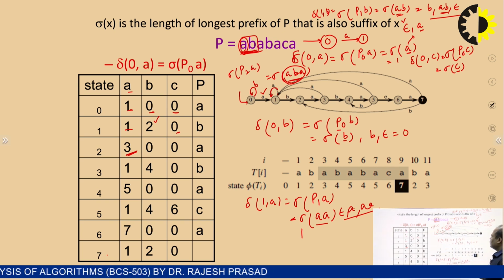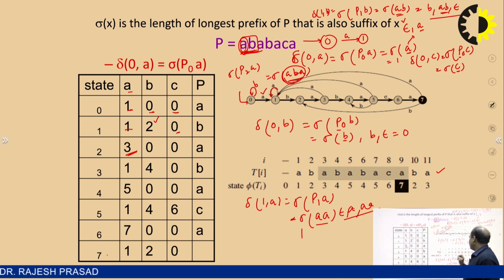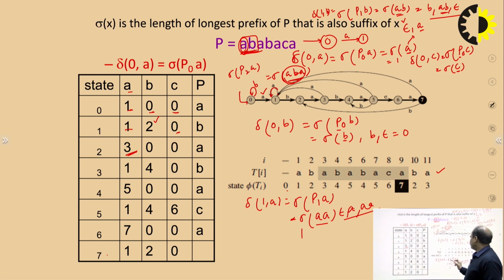After computing this table, we start from this text. This is the text, and this is the pattern. We start from state number 0, and looking at 0A, 0A is 1. So this is noted 1. Then 1B, 1B is 2. Then 2A is 3.